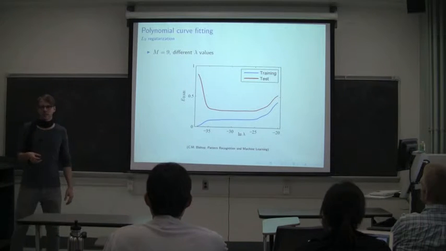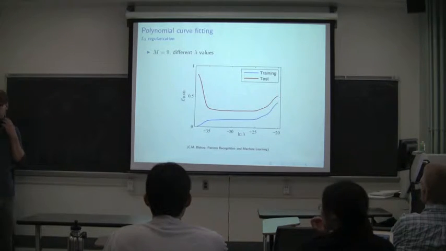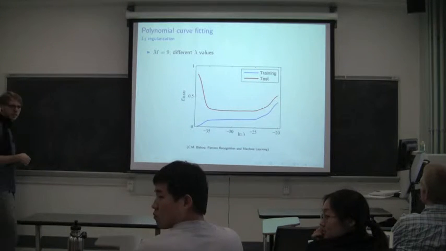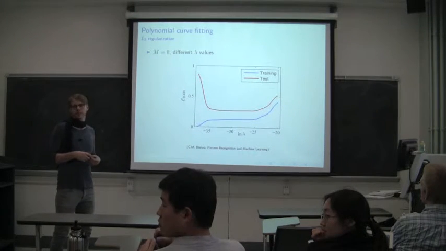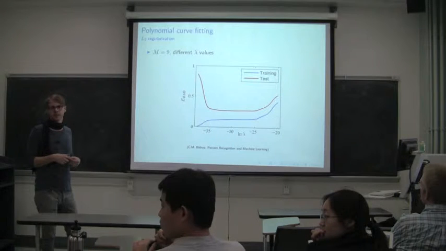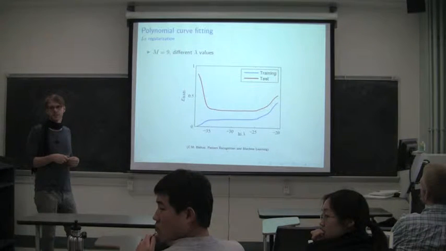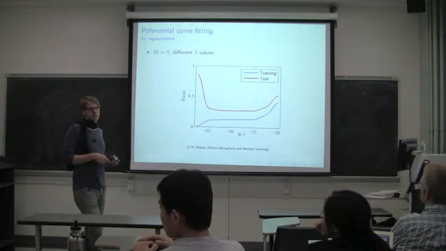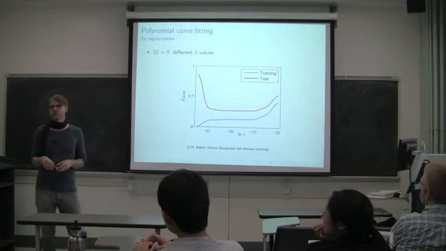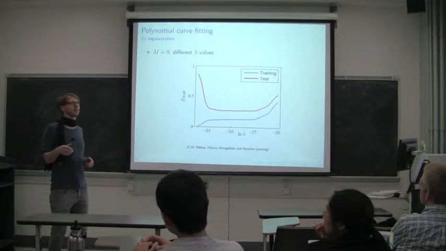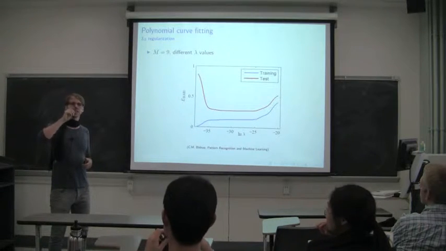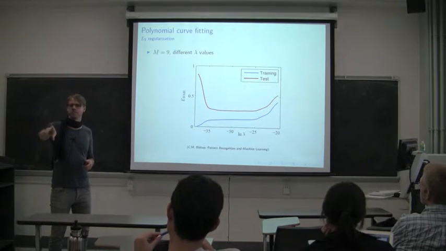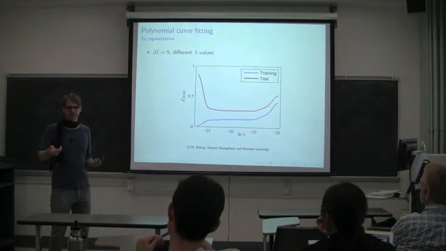Oftentimes when you're regularizing, you omit the first parameter, the y-intercept. You don't want to penalize that, because that's not really adding to the complexity of the model. Yes, there's a way to avoid penalizing that: you first zero-mean your y and all the x's, or the phi of x's.